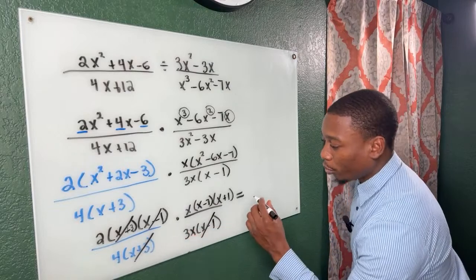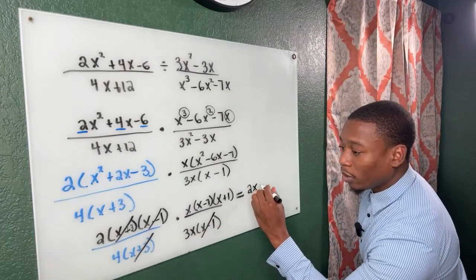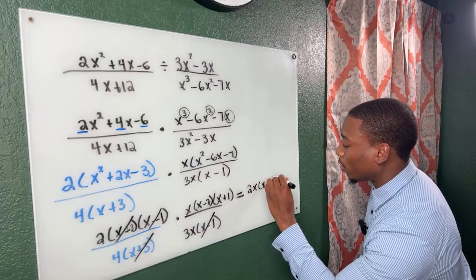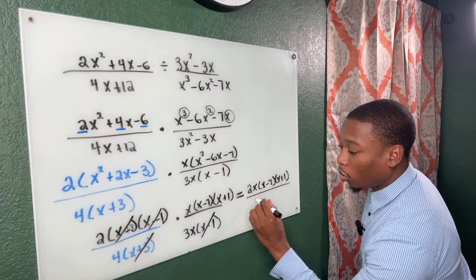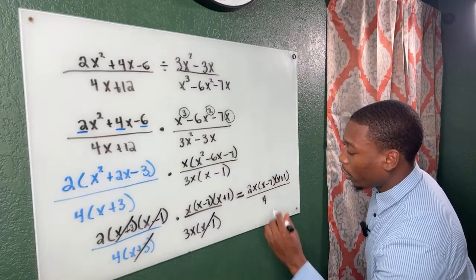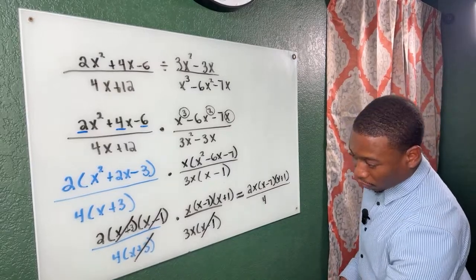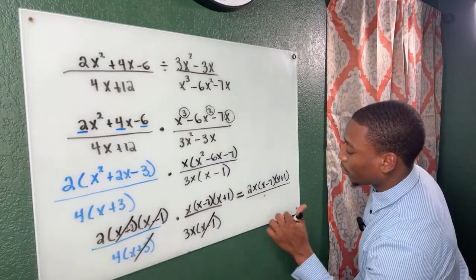So now when we go through, we're going to have 2x times x minus 7 times x plus 1 all over 4. And at this step, guys, oh, hold on, not 4. Let me make sure I did this right. 2, this is 4, 12x.